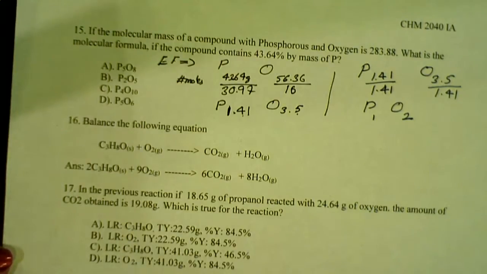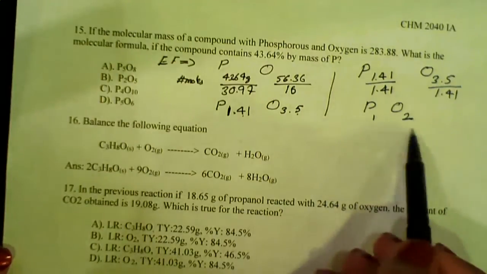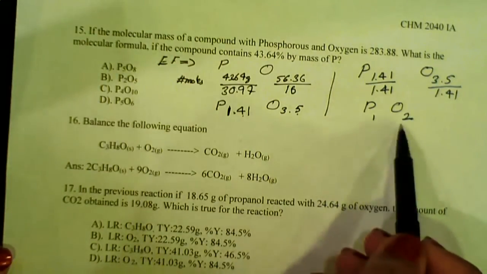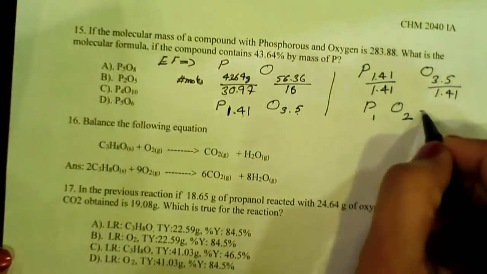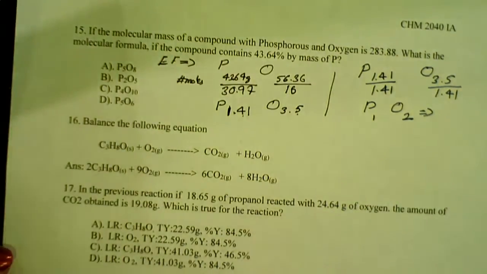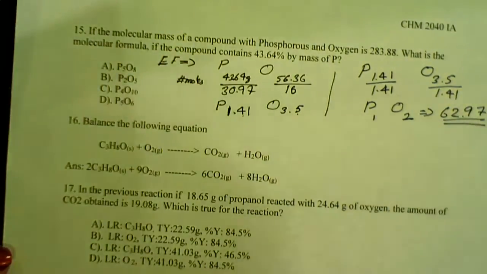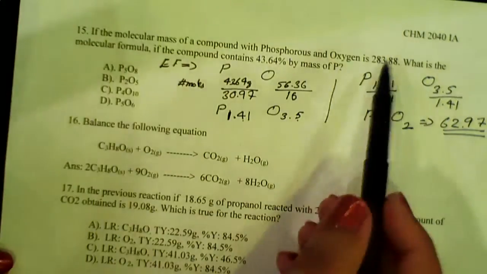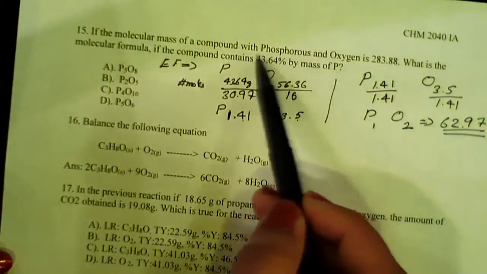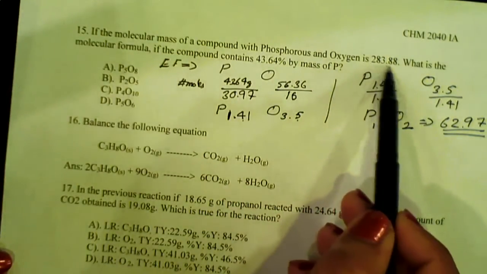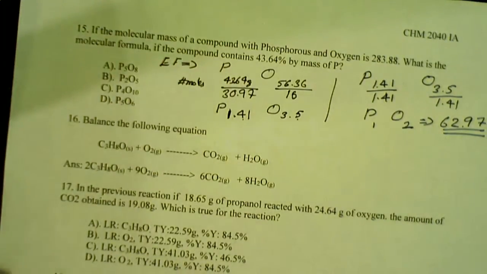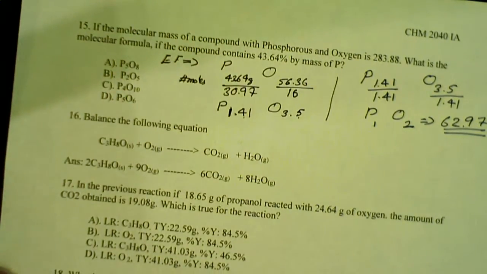So then it's going to be 1.41 over 1.41, and oxygen 3.5 over 1.41. Okay, so you will end up with P1, and oxygen 3.5 over 1.41, it's approximately 2. So P1 O2. So you don't have to further multiply that because you will end up with almost an integer. So get the empirical formula mass.